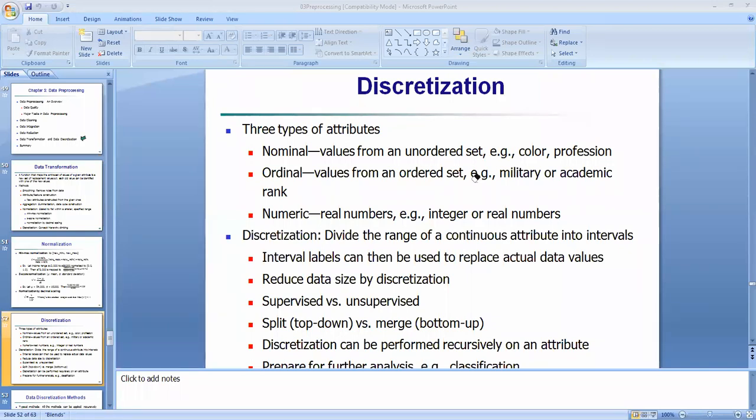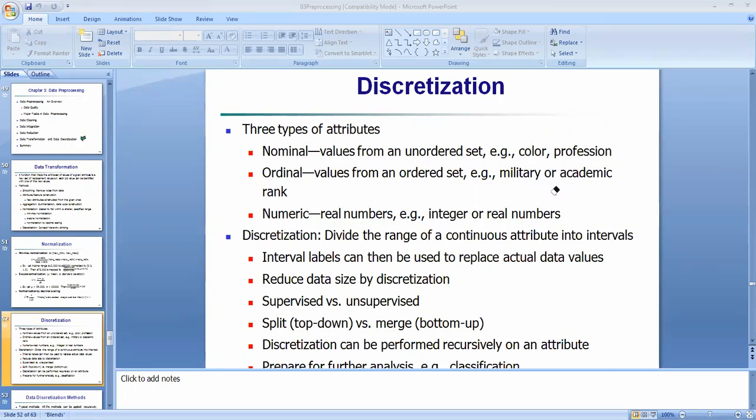The second is the ordinal attribute. Ordinal means values from an ordered set, such as military or academic rank. Ordinal means it is an ordered set. Academic rank and military rank are examples of ordinal attributes. The third attribute is numeric, that is, an integer or real number, like 1, 2, 3, 4.